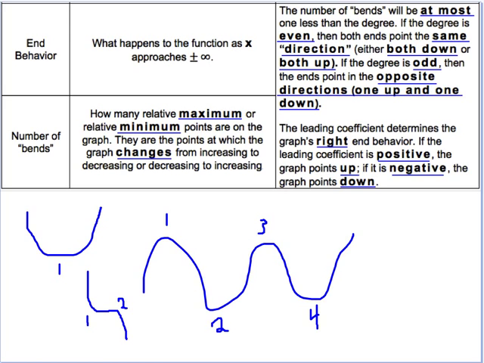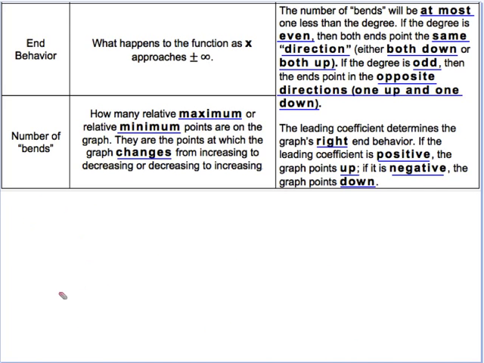So there are certain things that you can tell about the graph and the equation just from the end behaviors and the number of bends. First, let's look at the number of bends. The number of bends will be at most 1 less than the degree.